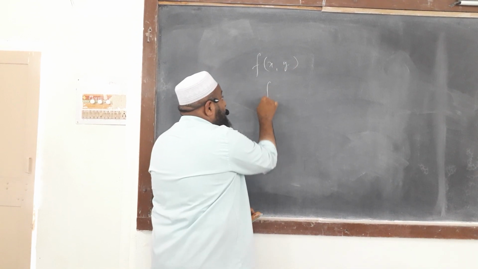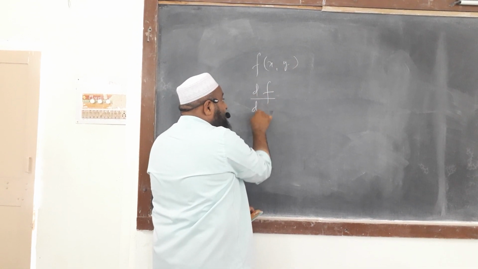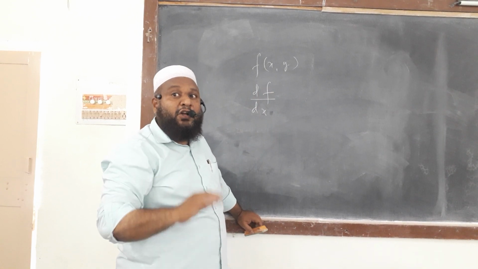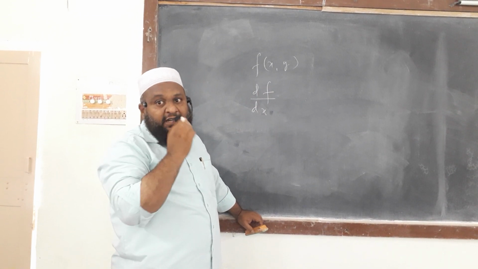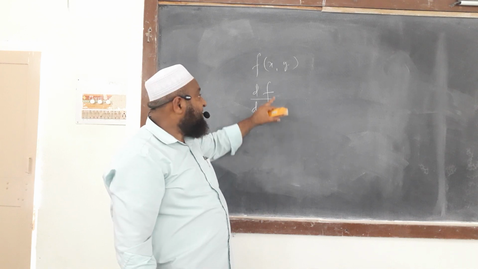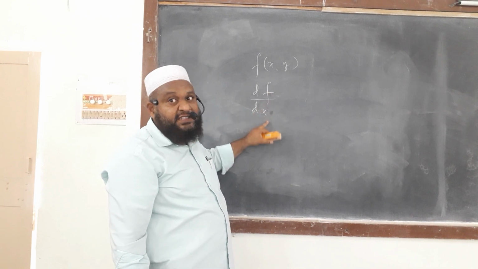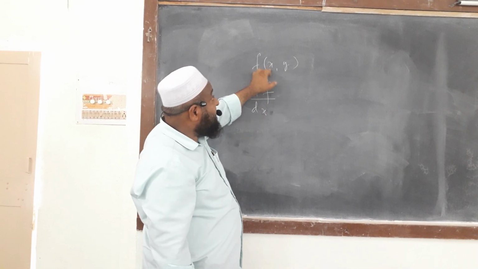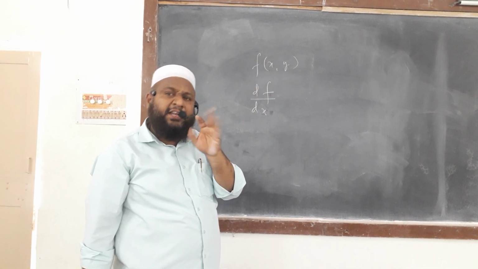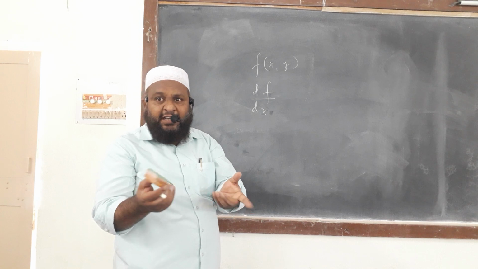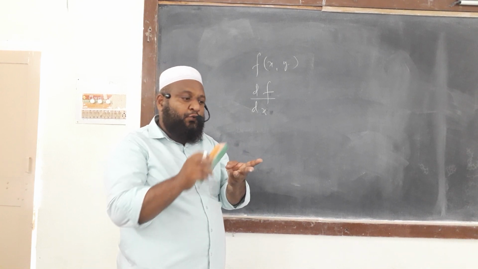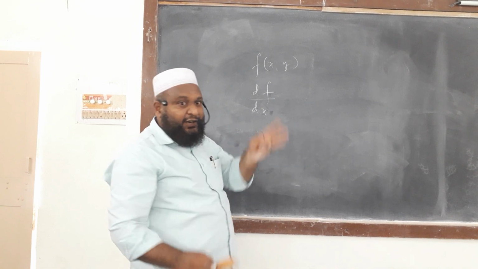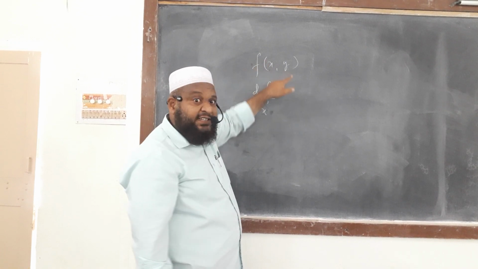If I write df by dx, it is not proper, because this says what is the change in f when x is changing. It is quite easily understood that when x or y, any one changes or both change, that is, only x changes, only y changes, or both x and y change, in all those three situations f will change.